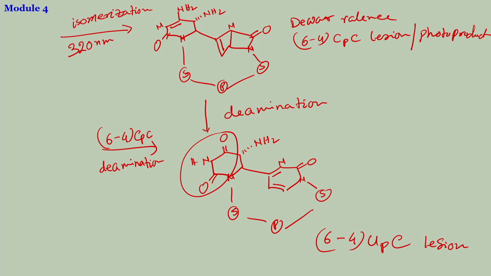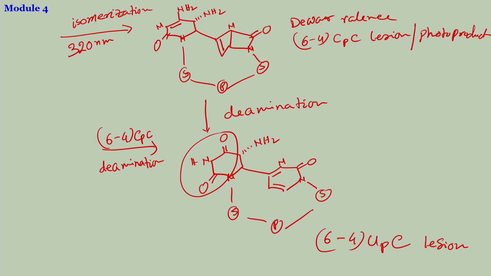Initially it was having the base pair with guanine. Now, after changing the structure so much, after alteration of the geometry and the property of this molecule, it no longer pairs with the guanine, it pairs with some other nucleobase that we will see. Therefore, it will change your genomic sequence.